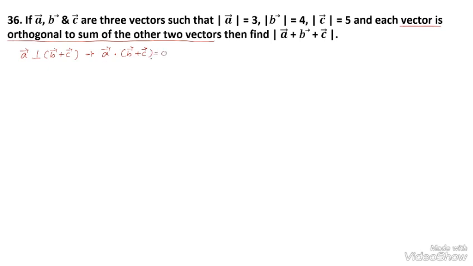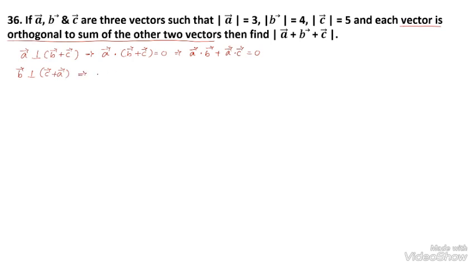This is the definition of orthogonality. By this definition, I can write vector a dot vector b plus vector a dot vector c is equal to 0. Similarly, for the second one, vector b is perpendicular to vector c plus vector a.